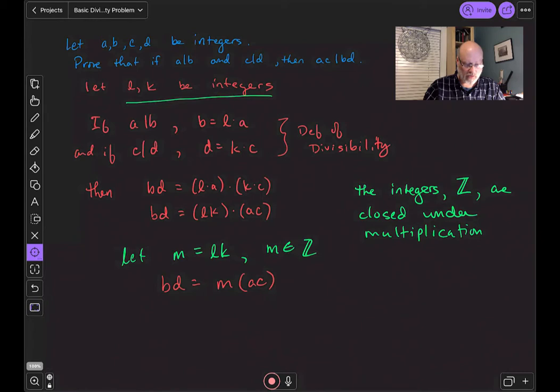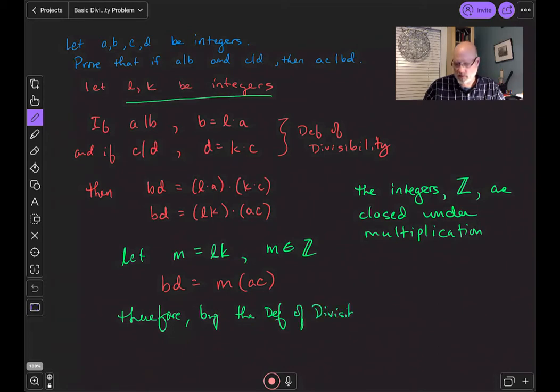So essentially, therefore, by the definition of divisibility, AC divides BD. Then we can put our little box there to say that we proved it, or you can go old school and throw a QED there. It doesn't really matter, but that is what we're looking for.